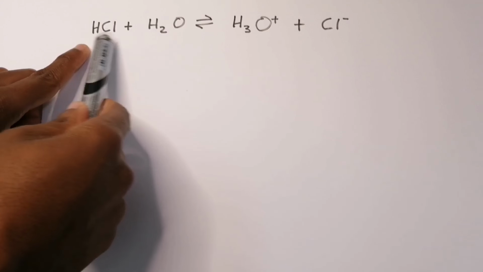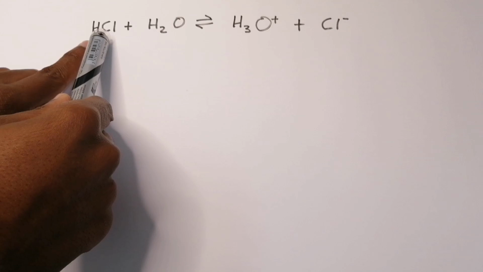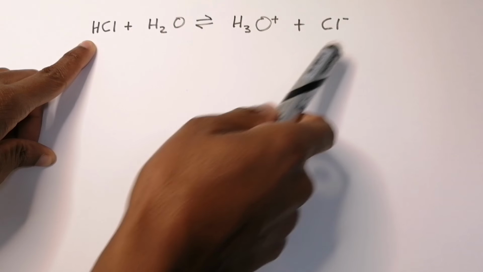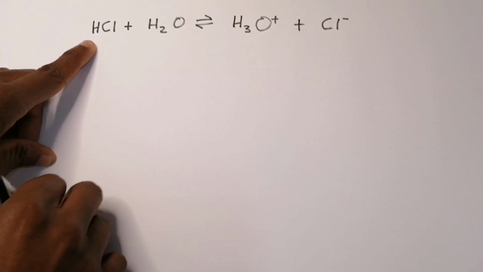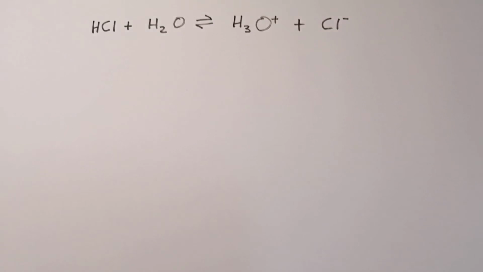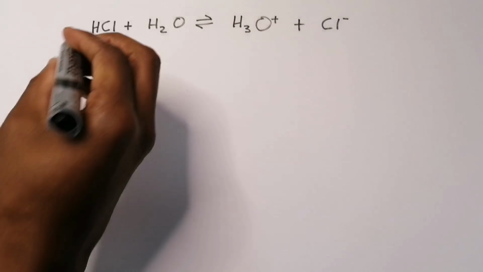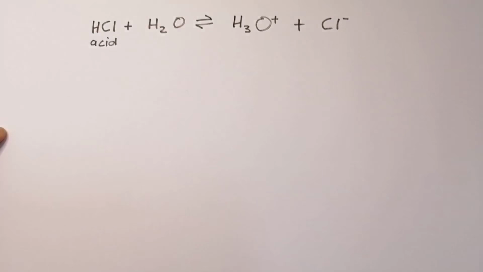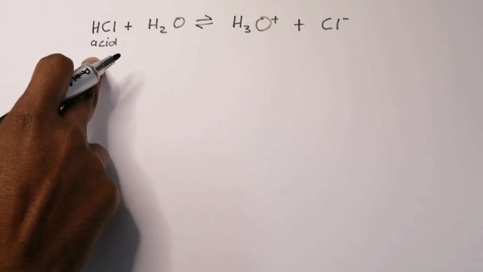So hydrochloric acid must have donated the H plus ion, and it became Cl minus. Because an acid is an H plus donor, this becomes the acid.